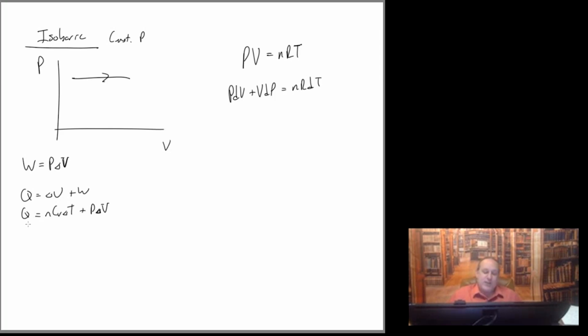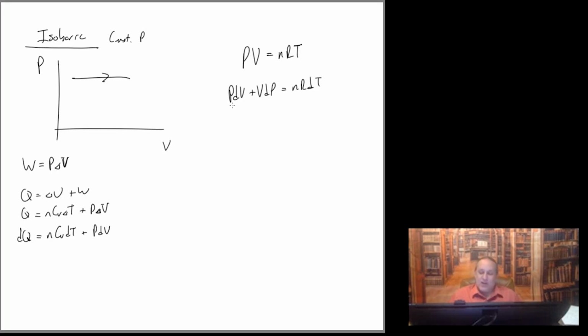I can think of this Q as a differential form too. I can think of a dQ, which would be N CV dT plus P dV, if I want to write it in a differential form.